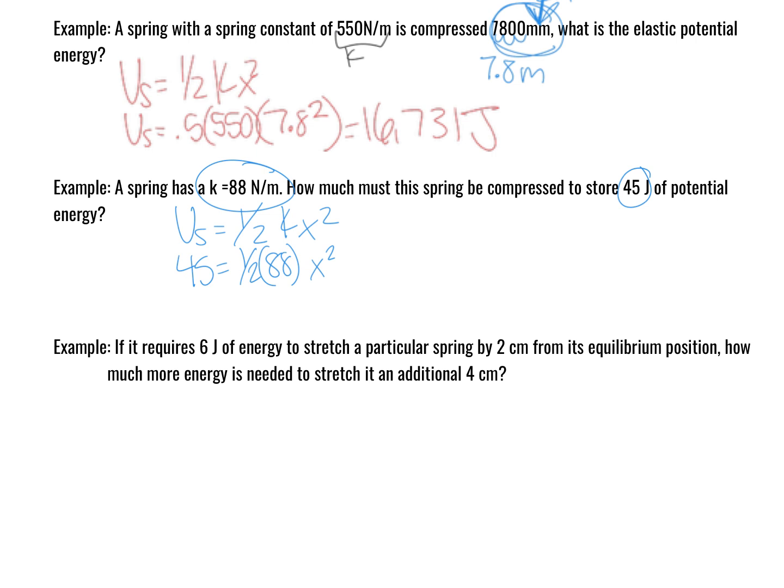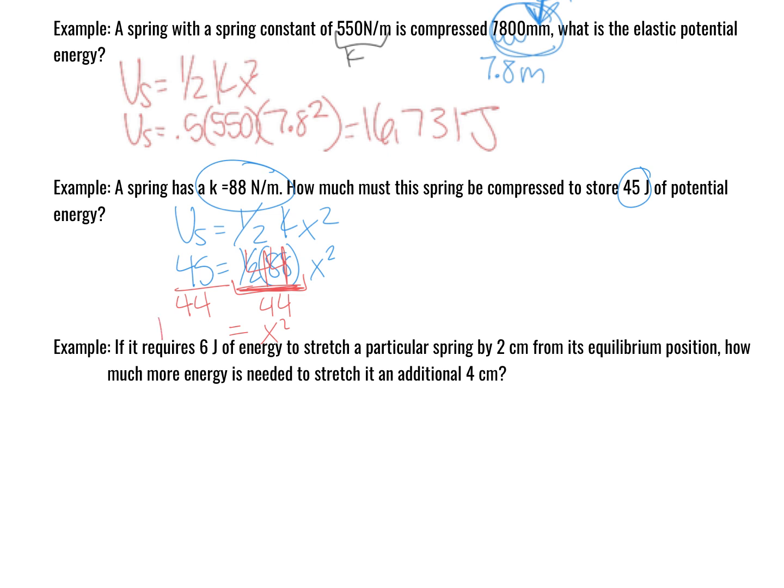Whenever you do, you can go ahead and simplify the things on the right side of the equation if you would like, or you can do them individually. I'm going to go ahead and do them together though. Half of 88 is 44. So knowing that this is really 44, I'm going to divide 44 on both sides. So 45 divided by 44 is going to be really close to 1.